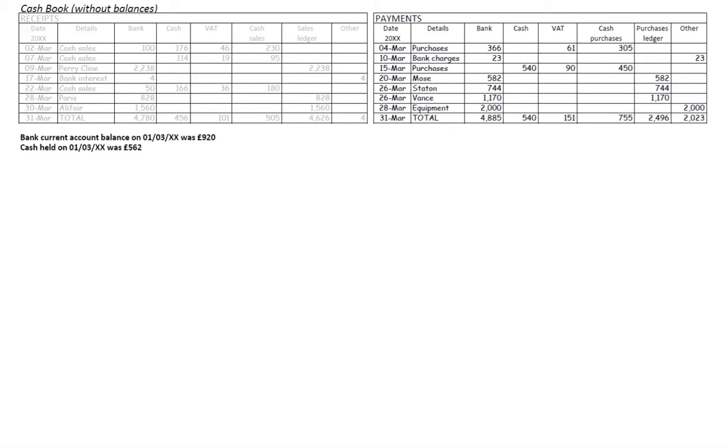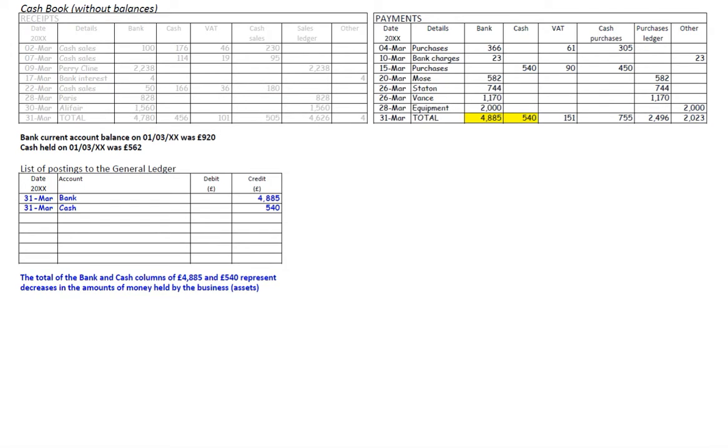So both of those record reductions in the value of our bank and cash assets. So they're going to be credits. So when we bring up our list of postings, we're going to credit the bank and cash accounts with the totals from those first two columns.